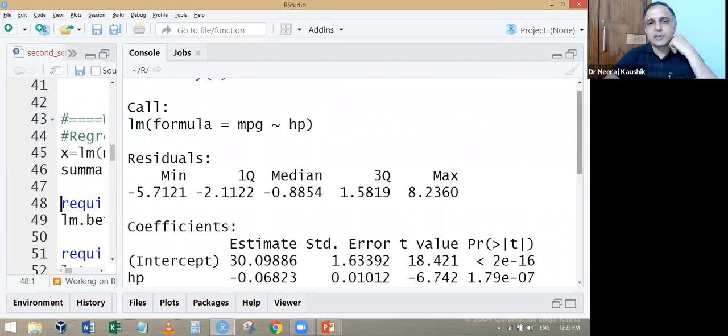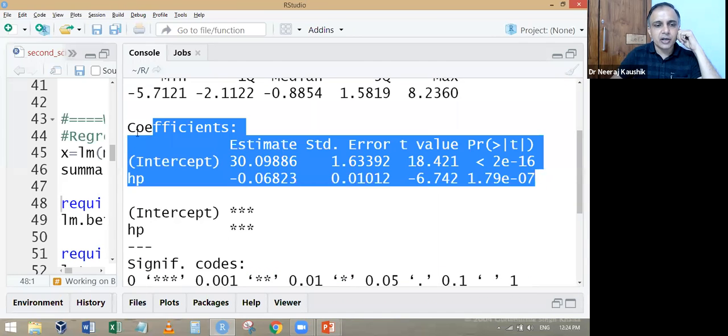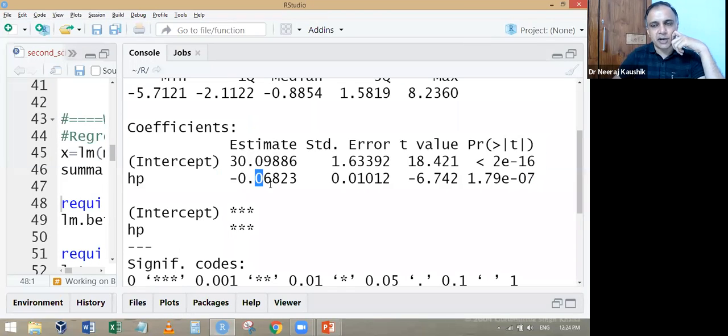If you know SPSS, there are three tables. In table number 1, there is a capital R, not small r, R square, adjusted R square, and standard error. In the second table, there is ANOVA, where we look at the last column, F and the P value. And the third table has the coefficients. So this one is equivalent to the third table, coefficients. Other than these values, intercept is 30.09, HP is minus.